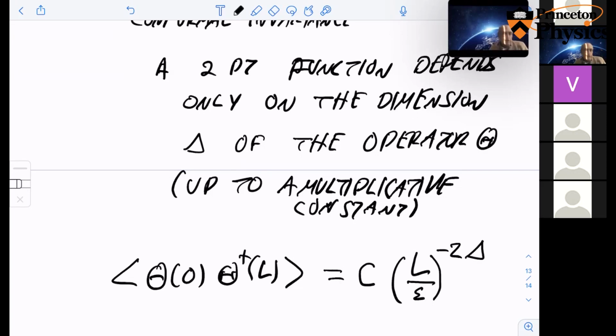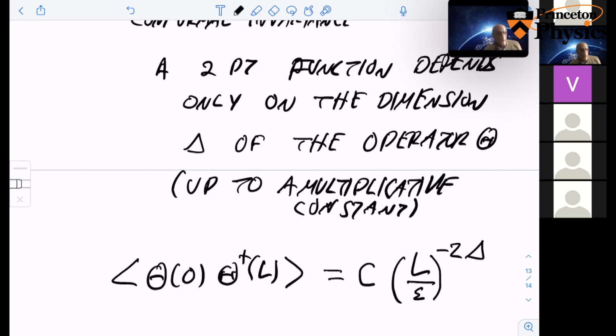That's pretty much the definition of saying that an operator has dimension delta. In conformal field theory, roughly speaking, all operators can be decomposed as sums of eigenoperators of the dimension operator.